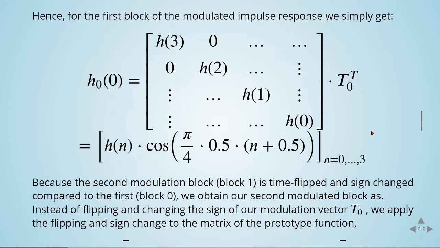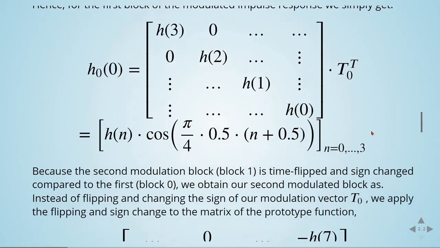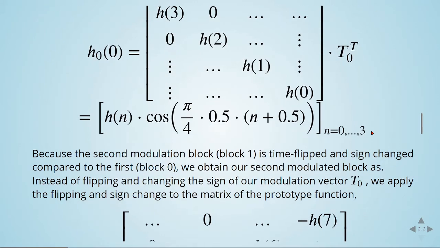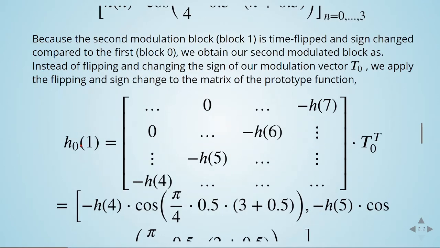And because the modulation block, block 1, is time flipped and sign changed compared to the first block, block 0, we obtain our second modulated block as given here. So instead of flipping and changing the sign of our modulation vector T0, we apply the flipping and sign change to the matrix of the prototype function.